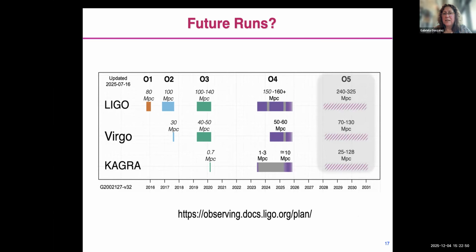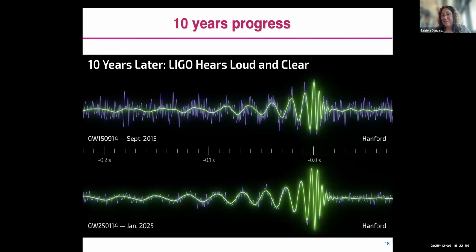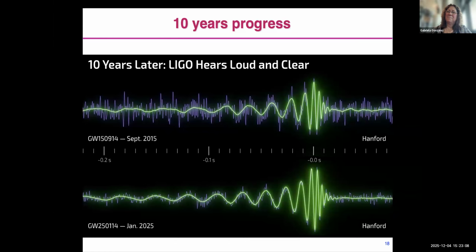So that's what we are doing now. And this is what I would like to show you: 10 years of progress in stochastic noise, but a lot of work is needed for the transient noise that Debasmita will be talking about. So that's my introduction. Noise is important even now.